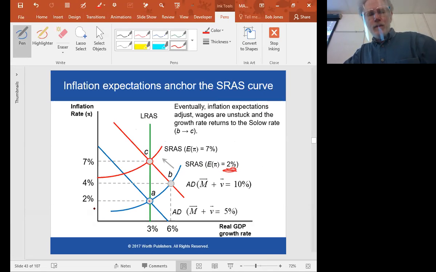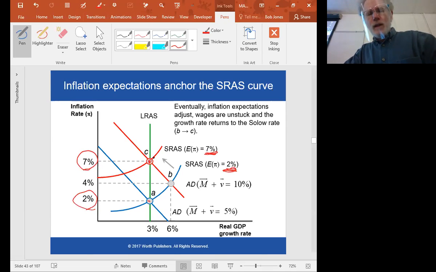Right here at 2%. Okay? When people expect 2% inflation, then the intersection with the long run curve is going to be at 2% inflation. When people expect 7% inflation, where's the intersection with the long run aggregate supply curve? It's at 7% inflation. Okay?